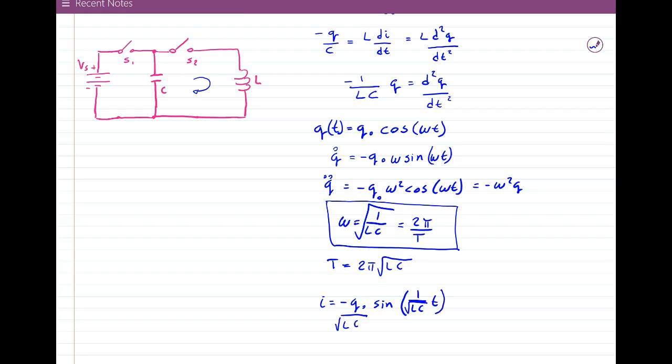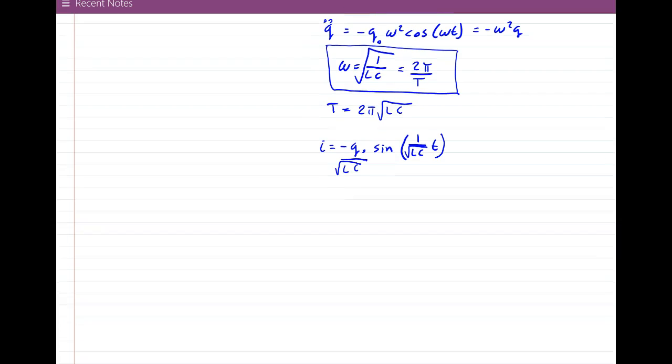Can you find the voltage across the inductor? What do you have to do? Take the derivative again, dI/dt. So that's this right here.